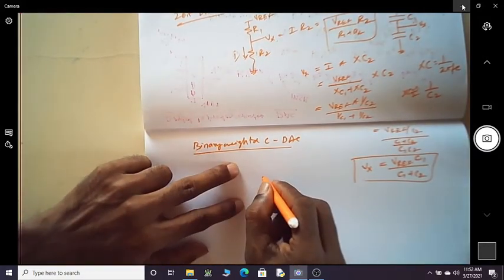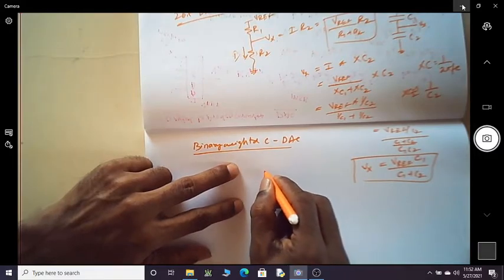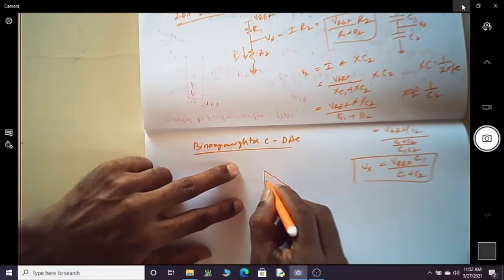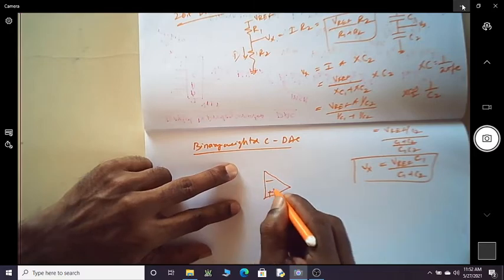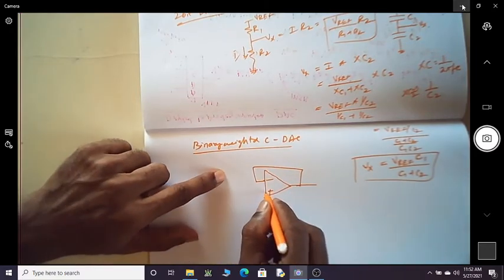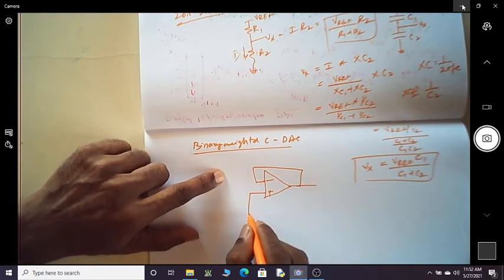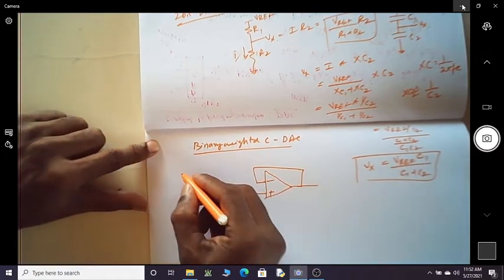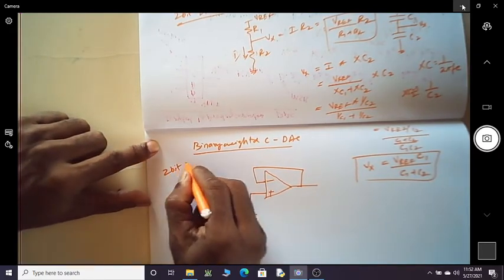So let me start writing the circuit diagram of the same. I want to have an op-amp as a buffer circuit here. So I use it as a buffer, and this is my actual circuit starting here. Let me take a 2-bit DAC for the analysis purpose.